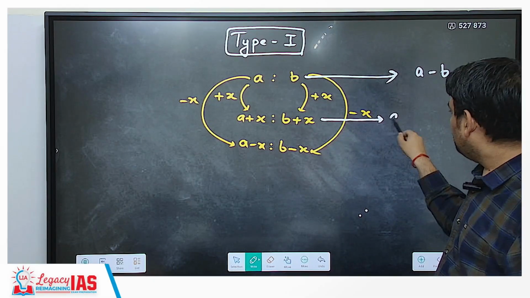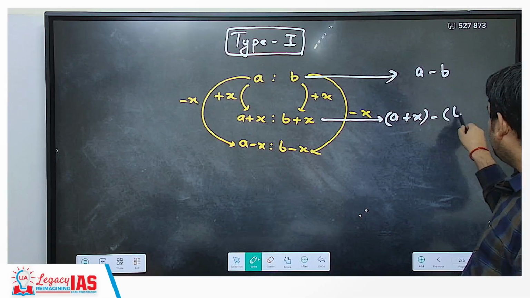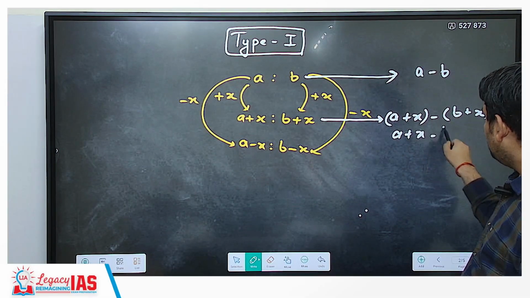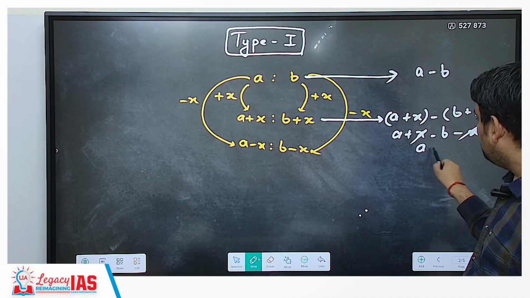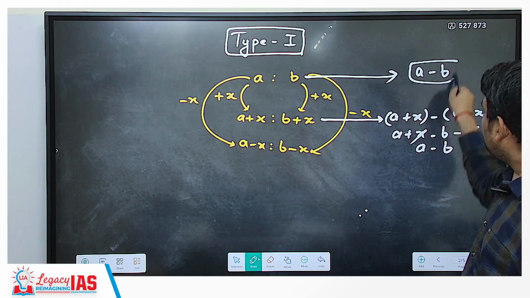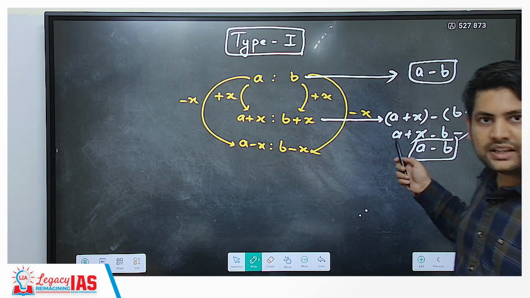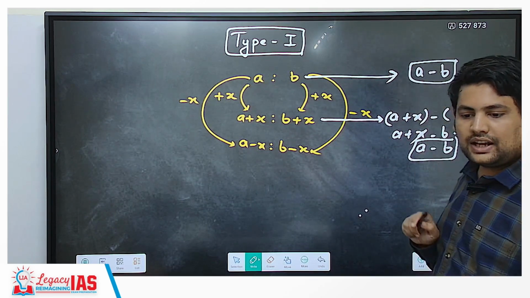This will give you A plus X minus B plus X, that is A plus X minus B minus X. So, X and X will cancel out. This also gives you A minus B. Can you see the difference is still the same? Even after adding an X, you get the difference to be exactly the same.